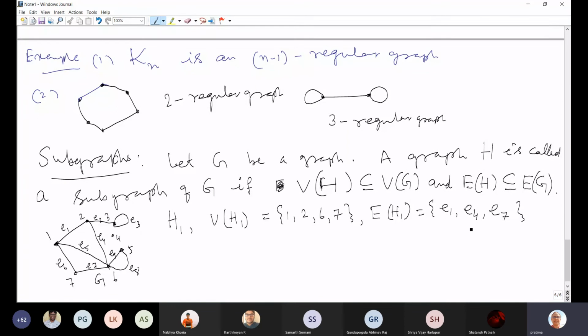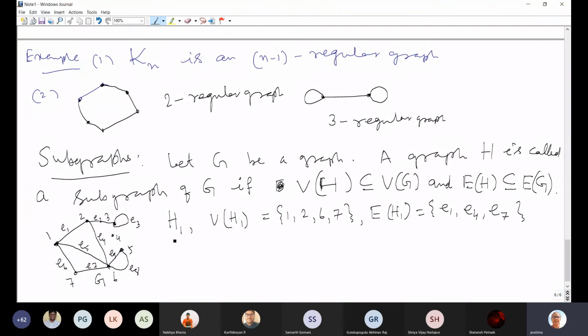Obviously this H1 is a subgraph of the graph G, because the vertex set of H1 is contained in the vertex set of G, and the edge set of H1 is also contained in the edge set of G. So H1 is a subgraph of G.